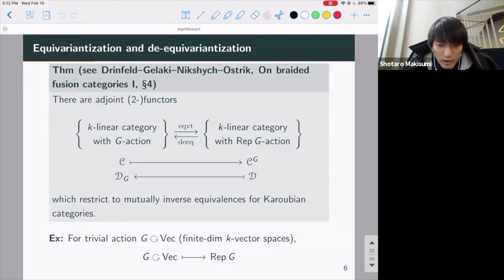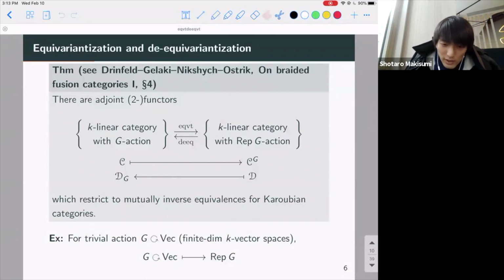So this states there are adjoint functors, or two functors if you would like, between K-linear categories with a G action and K-linear categories with Rep G action, called equivariantization, going from left to right, and de-equivariantization, going from right to left. Let me denote these by upper G and lower G. And moreover, if you restrict on both sides to Karoubian, so idempotent complete categories, then equivariantization and de-equivariantization are actually mutually inverse equivalences.